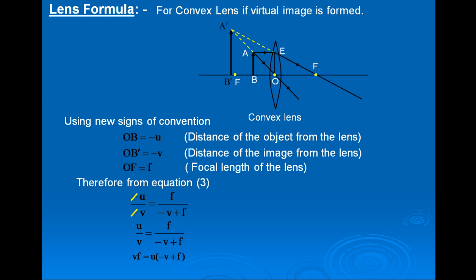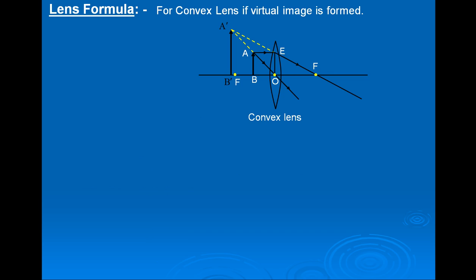Cross multiply, we get vf is equal to u into within the bracket minus v plus f. Now in the right hand side open the bracket, so we get vf is equal to minus uv plus uf, or by rearranging we get uv is equal to uf minus vf.